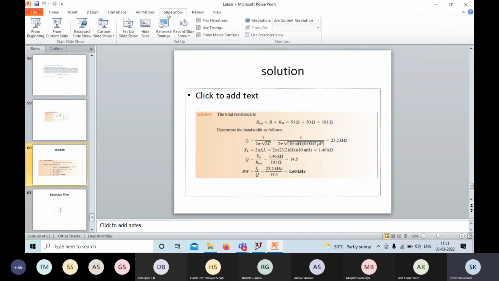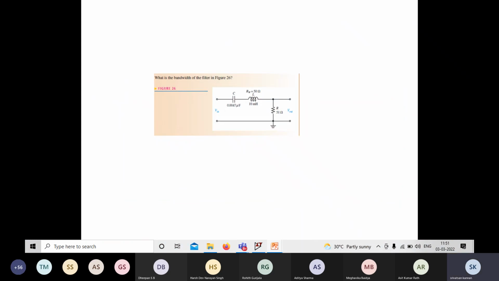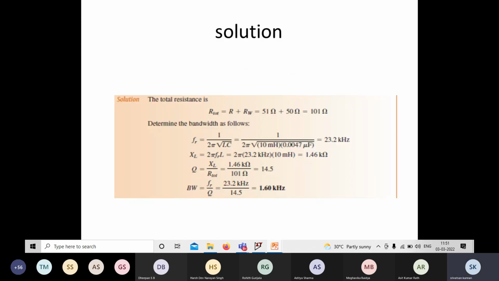This was the last class question, right? Yes or no? I asked you to design a band pass filter in LTspice for these values. So for these values, what is the bandwidth? The resonant frequency is 23.2 kilohertz, right? And the bandwidth is 1.6 kilohertz.